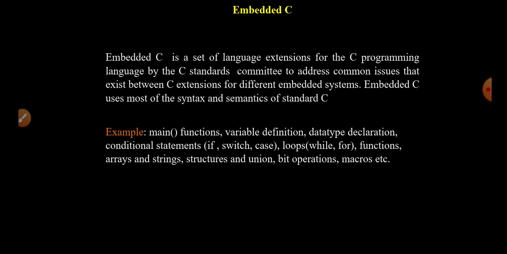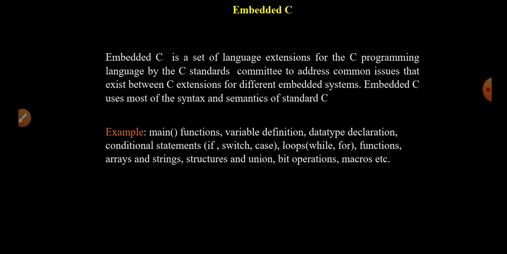Some of the examples are the main function, variable declaration, data type declaration, conditional statements like if, switch, case, plus the looping structures like while, for, plus functions, arrays, strings, structures, union, bit operations.